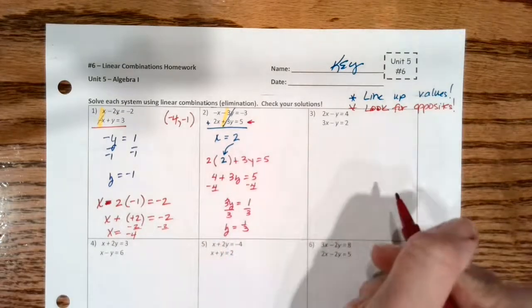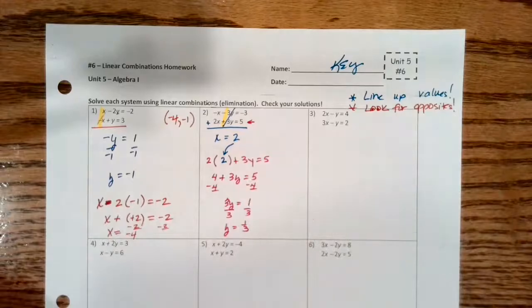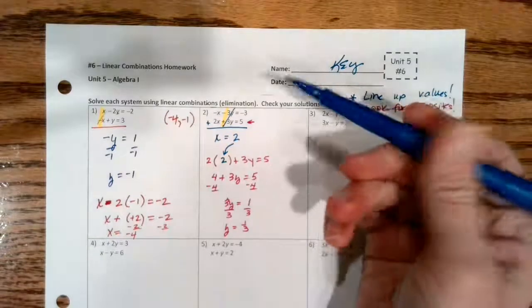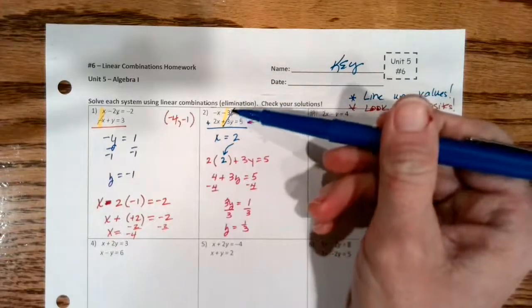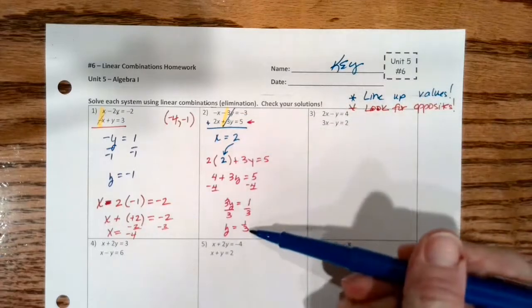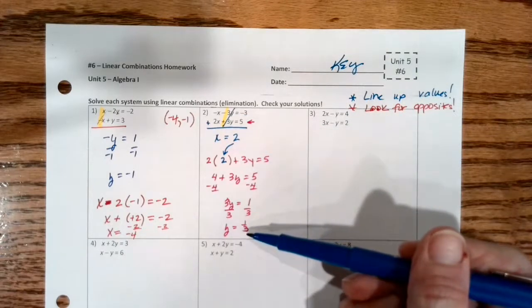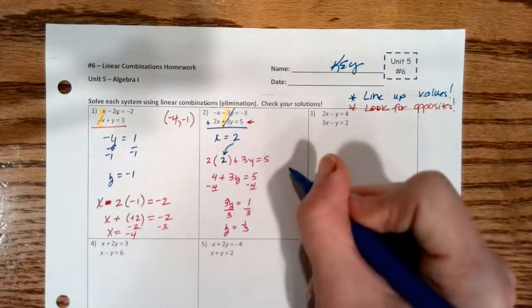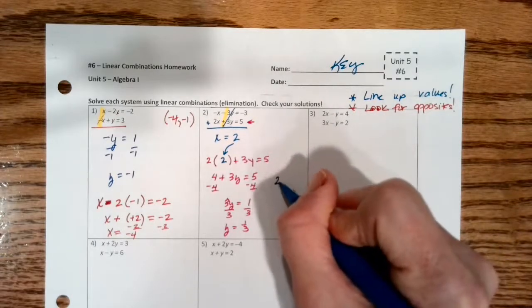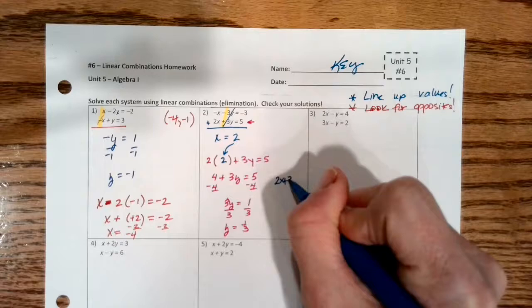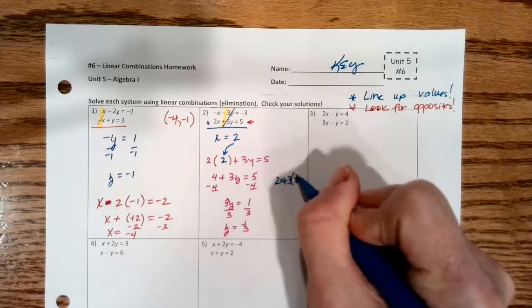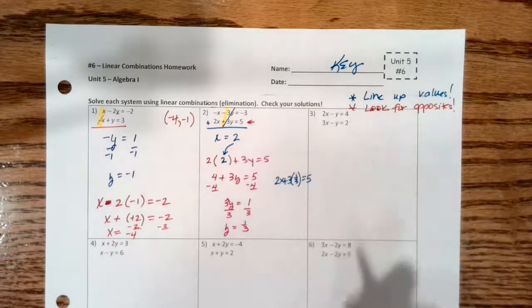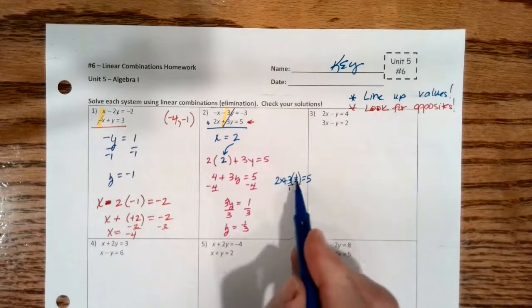Do not be afraid of the fractions, because when you look up in your original equation, both y's have a coefficient of 3. That's a friendly number with this fraction. So when we go ahead and solve for our second value, 2x plus 3 times that value for y is equal to 5. 3 times 1/3.